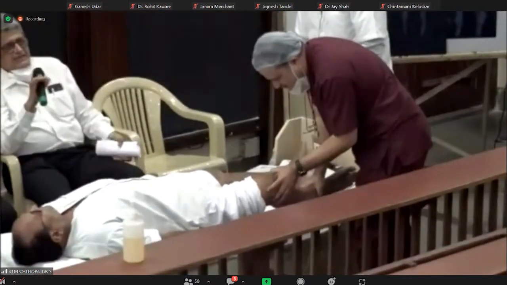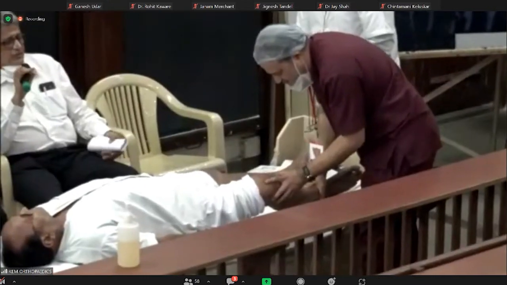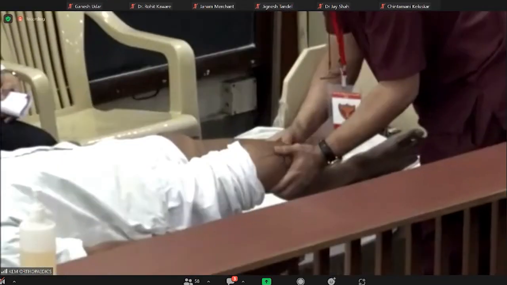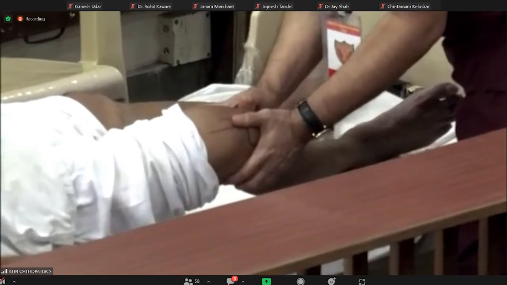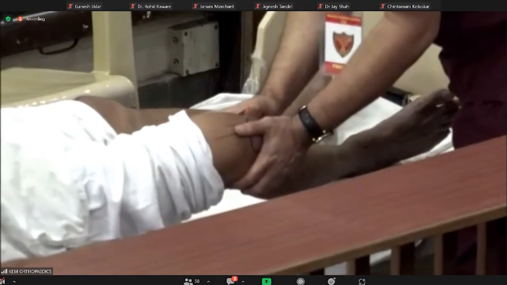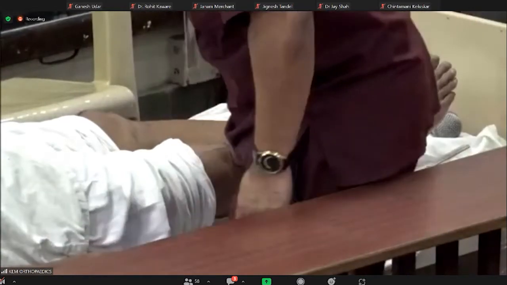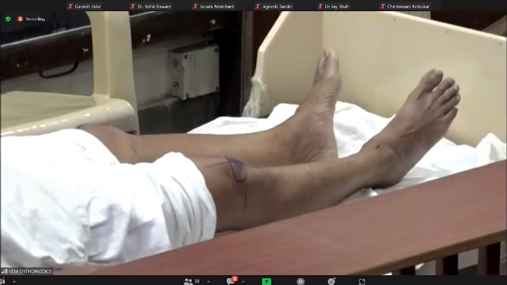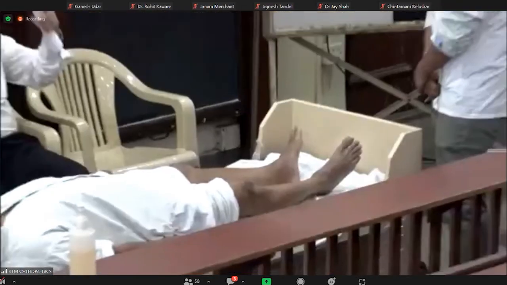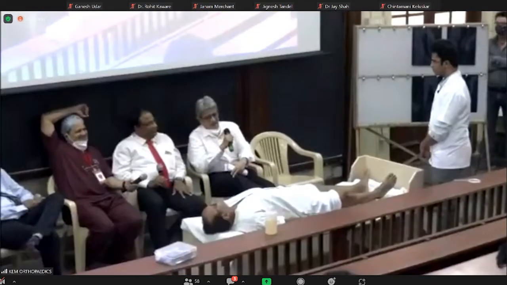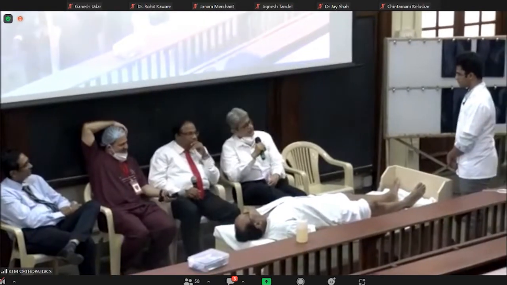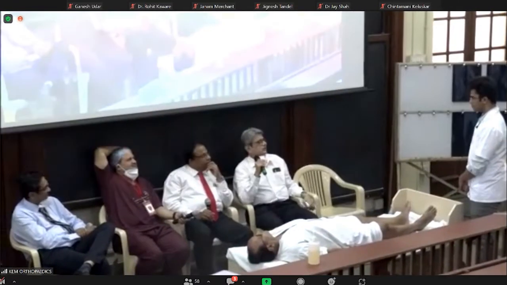If he gets tenderness, I'll ask him the second question. So he says there's no tenderness. See that? Now how is it painful? So on the medial side, you first start. You put the leg in external rotation, and from the inferior pole of the patella, you go this way, this way, this way, and here, right?